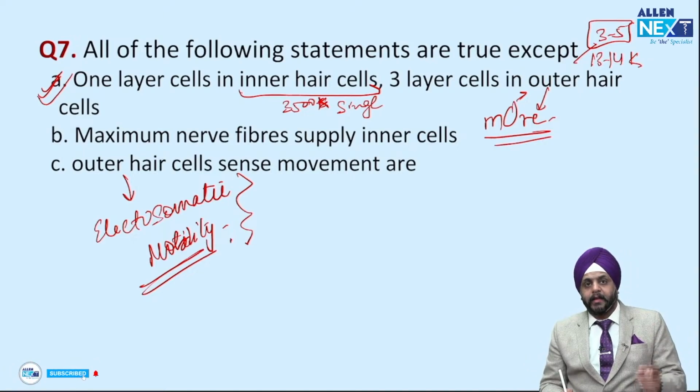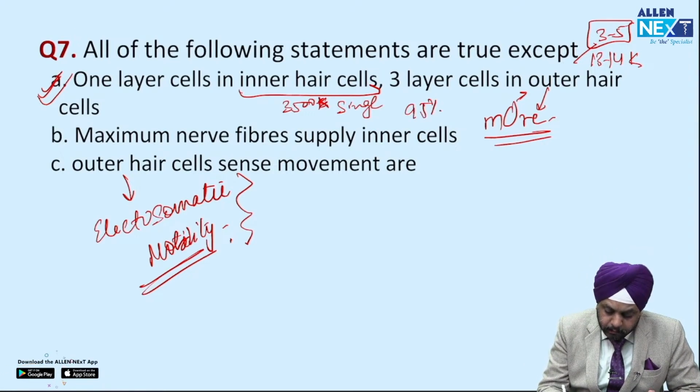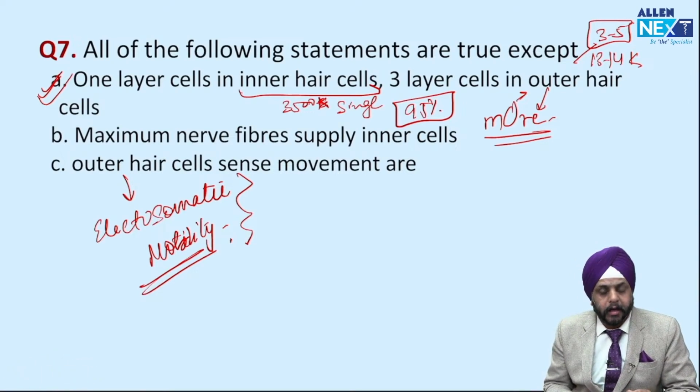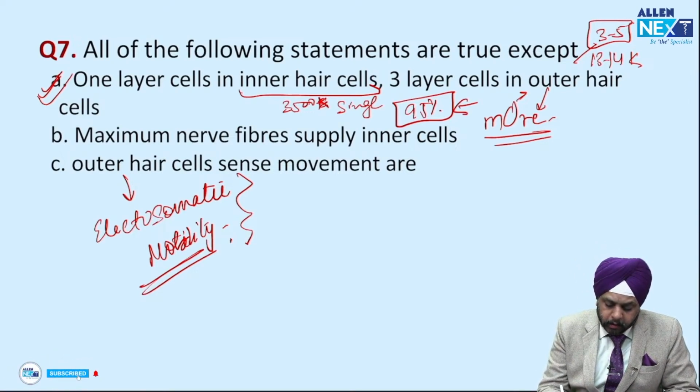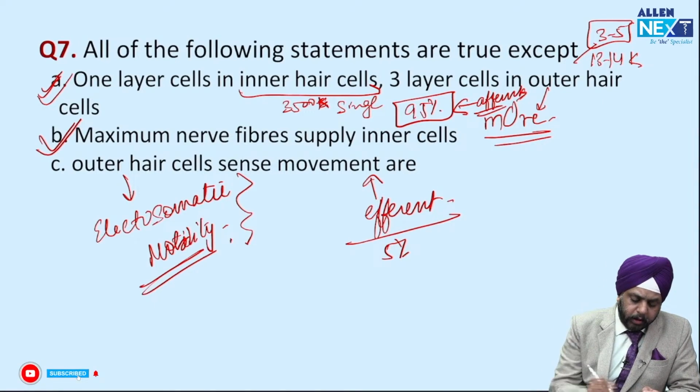Whereas the inner hair cells, 95% of fibers, this also I have told you, 95% of fibers supply the inner hair cells, and they are afferent nerve fibers. Whereas outer hair cells receive efferent nerve fibers, and they receive only 5% of the supply. So this statement is also correct.